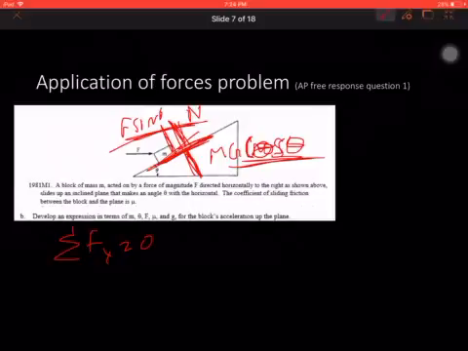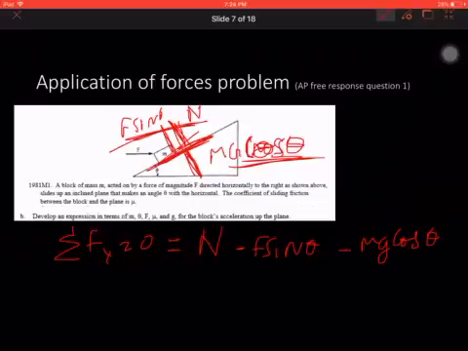In order for us to get ma, we have to do some manipulation. We get all the forces in our vertical direction. We have the normal force minus F sine theta, which is pointing down, and minus mg cosine theta, which is also pointing down.